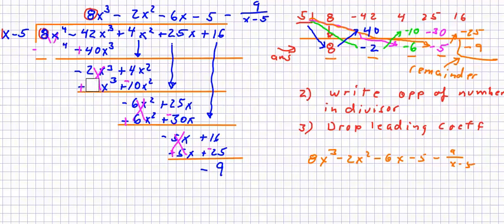Can I ignore this? It doesn't mean anything. And truthfully, don't, but you can. But what we did do is multiply 8 times negative 5, and we got negative 40. We took 5 times 8, and we got positive 40.